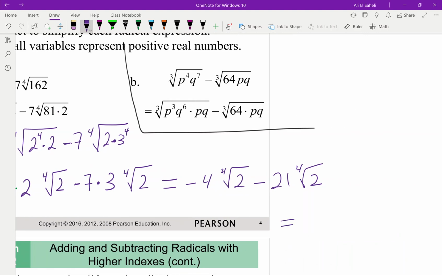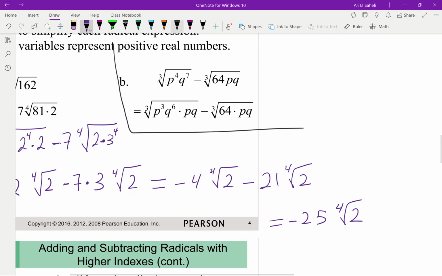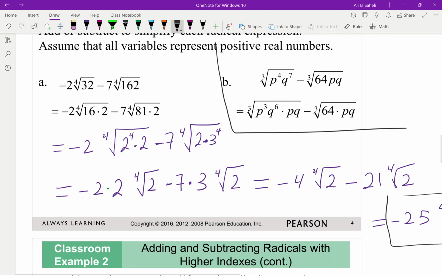Now we can add because we have the same radical term. So minus 4 minus 21 is minus 25 fourth root of 2. Of course, if you look at this, it's way simpler looking than the original one.